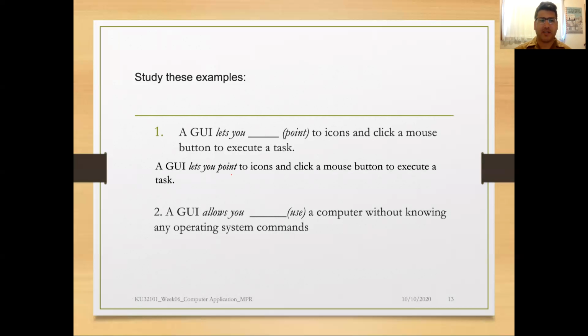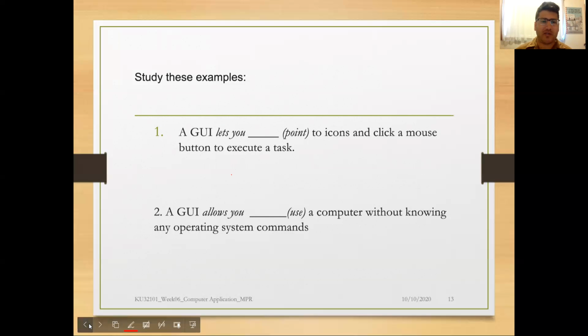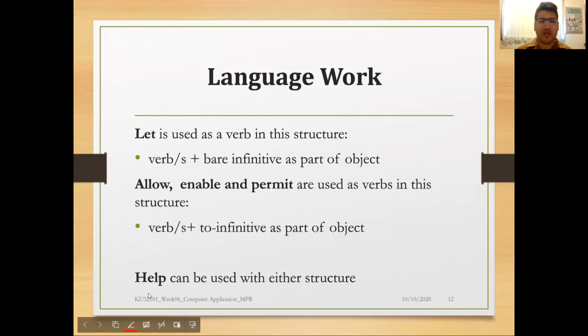And our answer is: a GUI lets you point to icons and click a mouse button to execute a task. So remember, when we use let, and when we use help, we don't need to have a to infinitive. But of course, help can be used either with a to infinitive or with a bare infinitive.